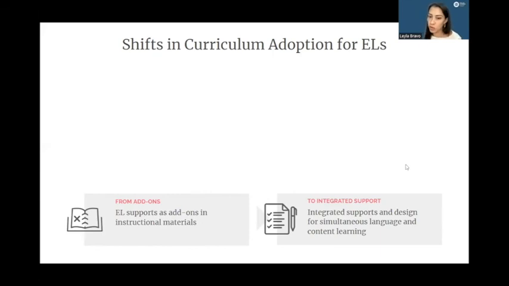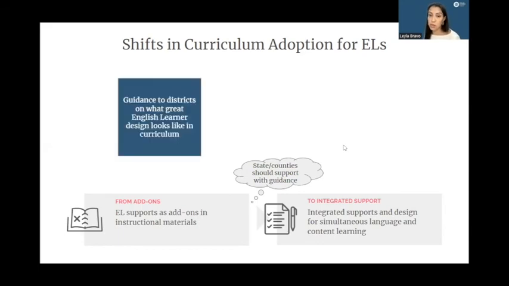So there's also an opportunity to make sure that EL supports go from being an add-on in curriculum to being integrated in the design so that there's simultaneous language and content learning. And this can happen at the state level and at the county level, especially supporting districts with guidance.